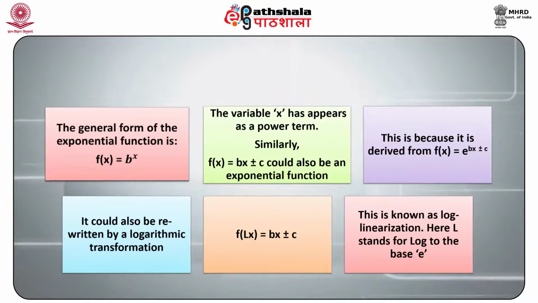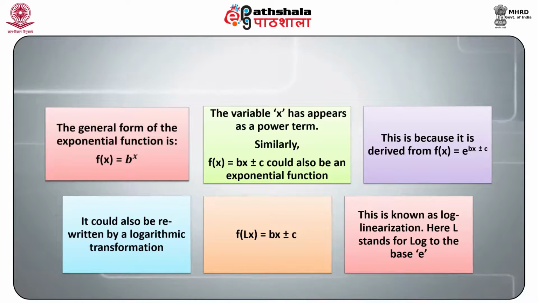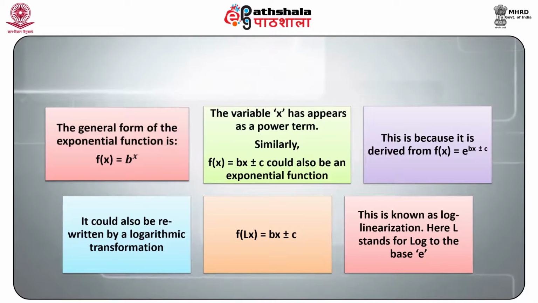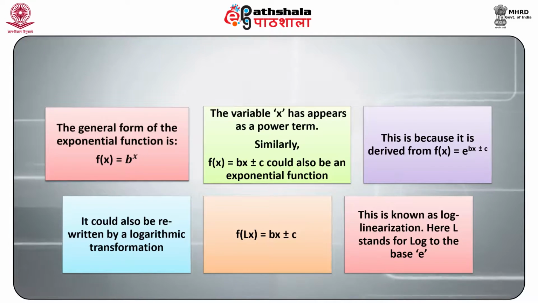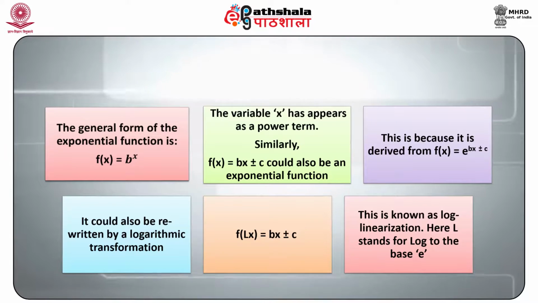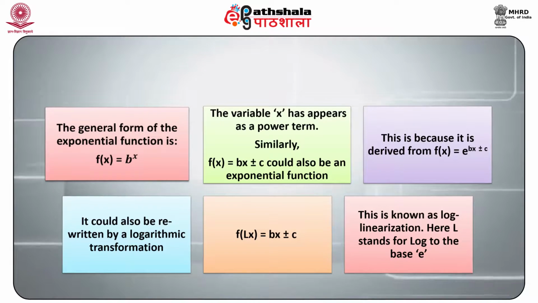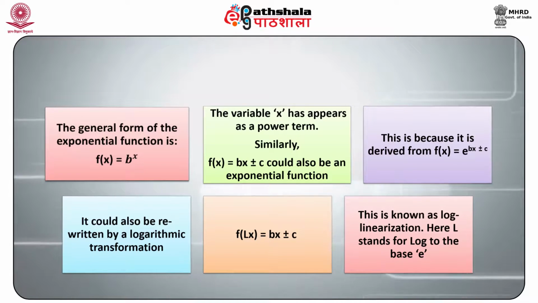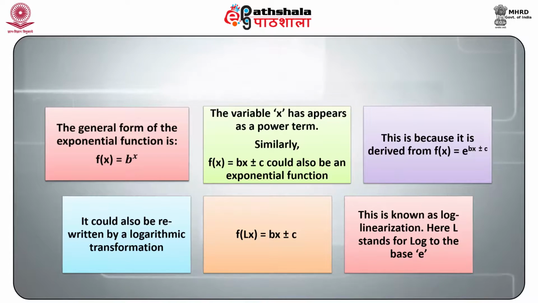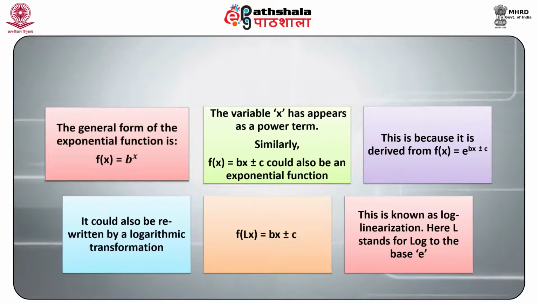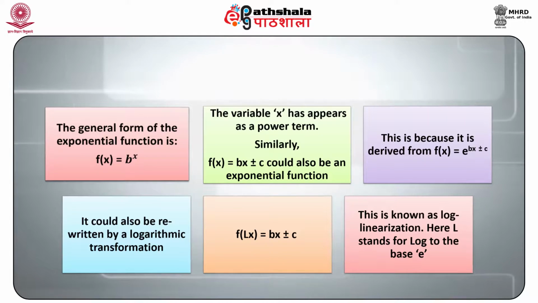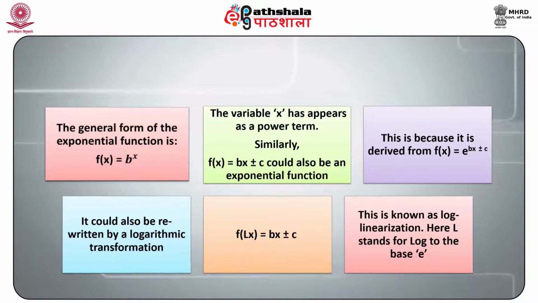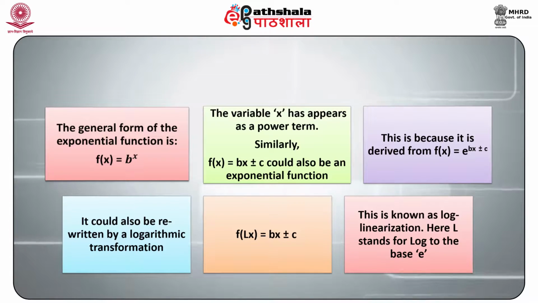Similarly, we could also say that f(x) = b^(x plus or minus c) could also be an exponential function. This is because it is derived from the function f(x) = e^(bx plus or minus c), which could be rewritten in logarithmic form as a logarithmic transformation as L f(x) = bx plus or minus c.